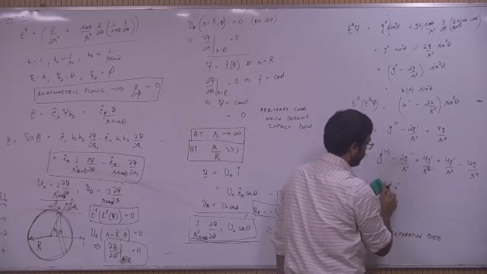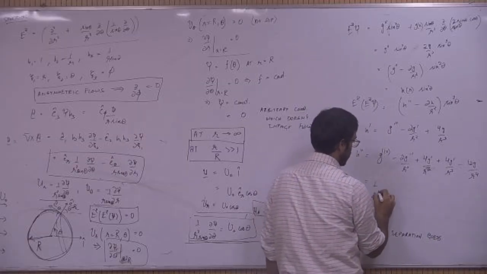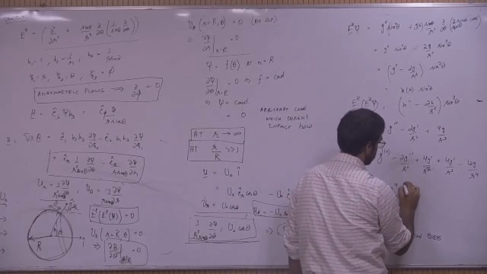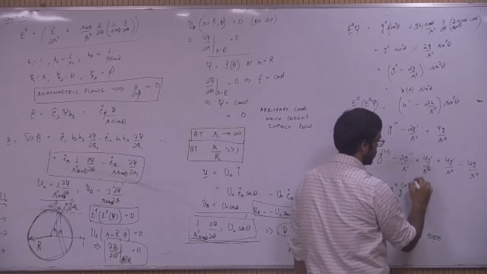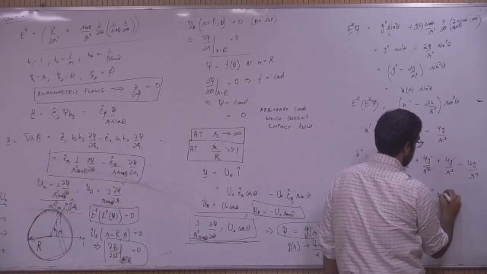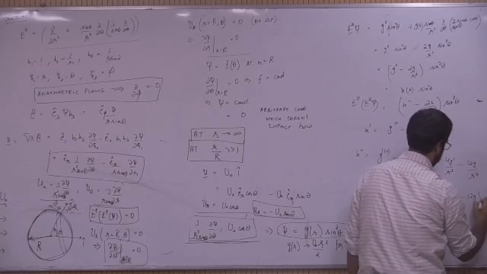So I will have 1 by r to the power 4 if I bring common. So this minus 2r square g double prime plus 8r g prime minus 12g.